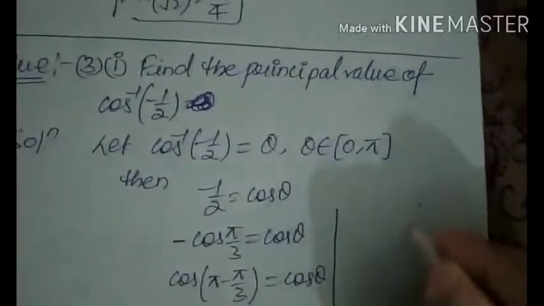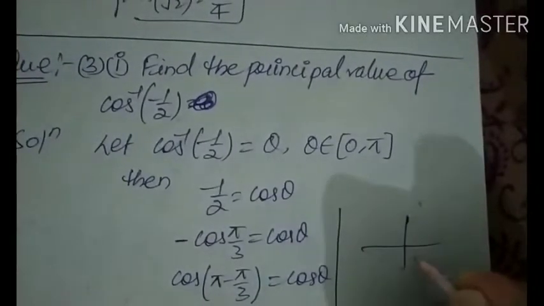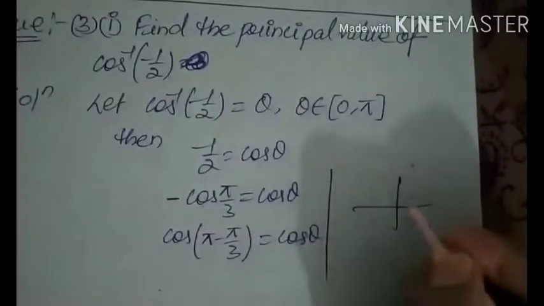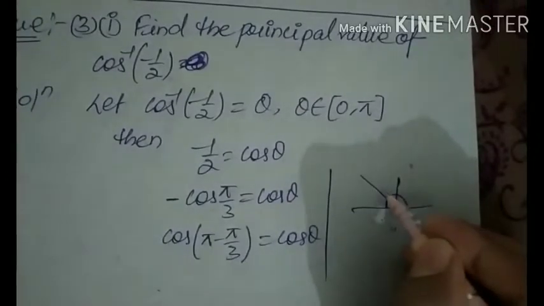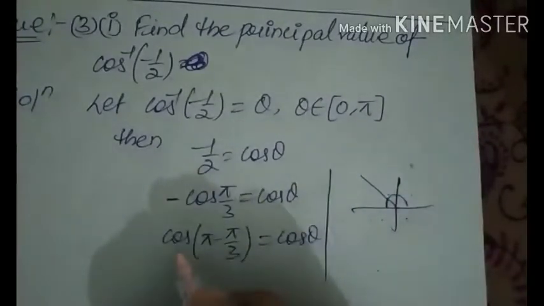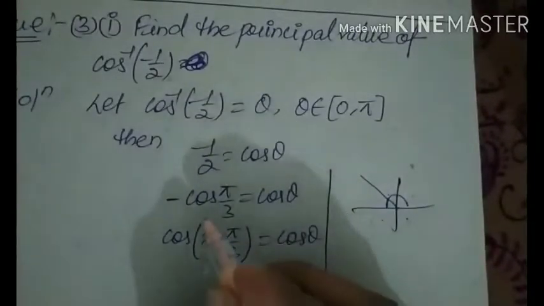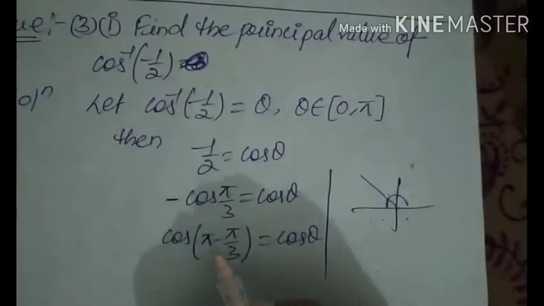As we know, these are the quadrants: first quadrant, second quadrant, third and fourth. Pi minus pi by 3 is in the second quadrant. That's why cos of pi minus pi by 3 is equals to minus cos pi by 3. This is true. Then we can write in place of minus cos pi by 3, cos of pi minus pi by 3 is equals to cos theta.